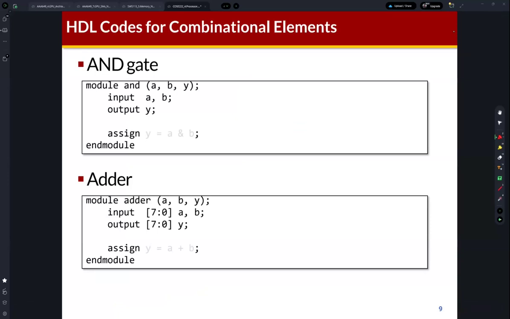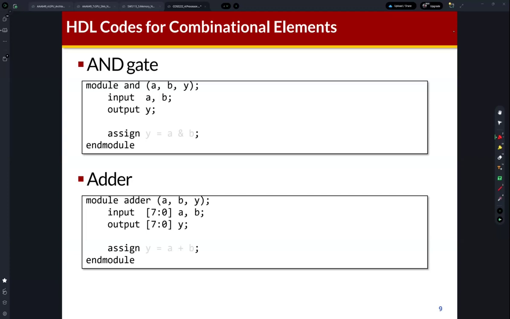We can design this combinational logic gate using SystemVerilog. SystemVerilog is an HDL, a hardware description language. For the upcoming labs, we will use SystemVerilog to design the processors. So, this is the example.